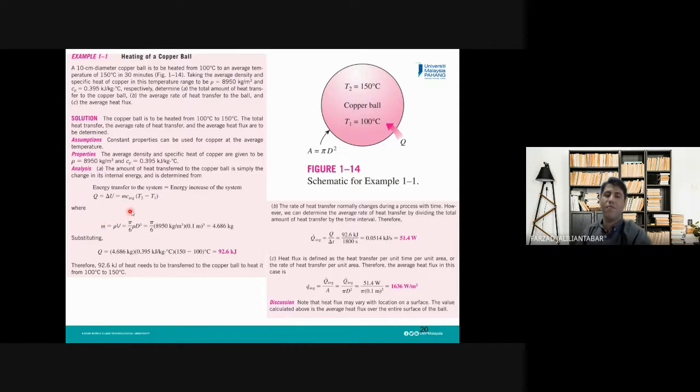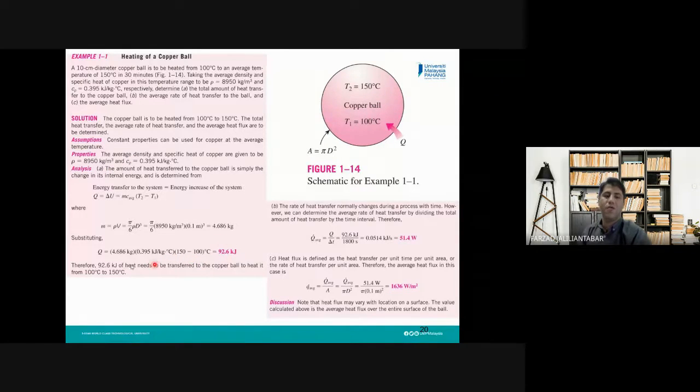Okay, now we have m as well. Simply, we have m, we have C average, we have T2, T1, substituting in this equation, and then we can calculate Q, or the total heat transfer during this heating process. Q is equal to, we have m, now calculated here. We have C average, it is given, and we have T2 and T1.